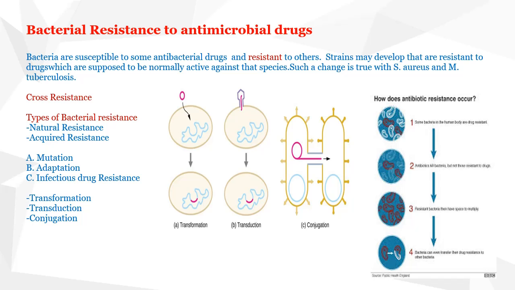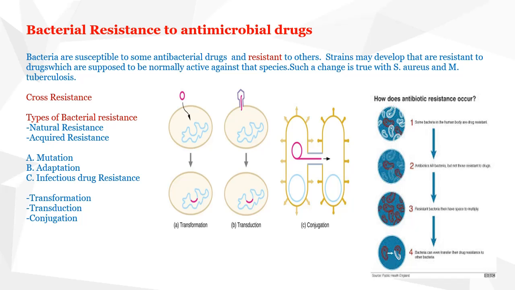Cross resistance may develop between chemically unrelated drugs also, like erythromycin, lincomycin, chloramphenicol, and tetracycline. Bacteria developing resistance to a particular drug are resistant to equipotent concentrations of all other drugs belonging to the same class.